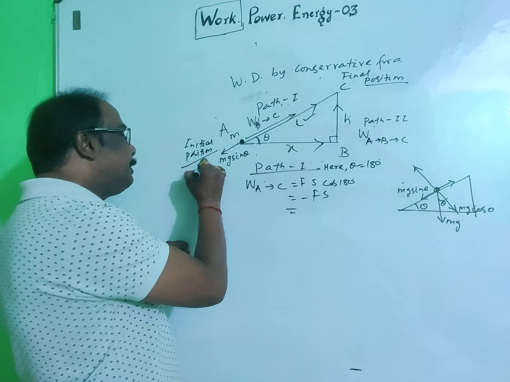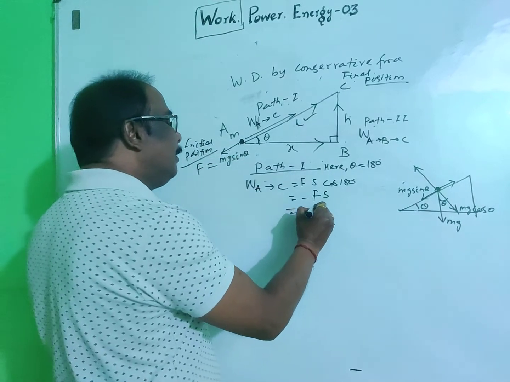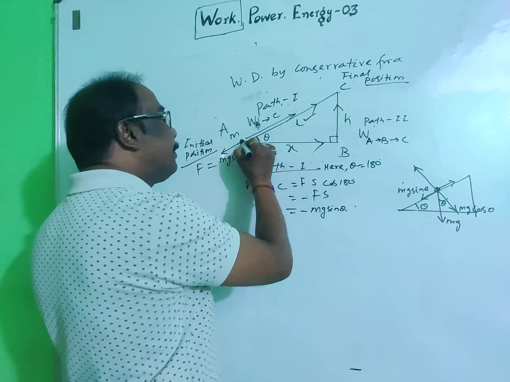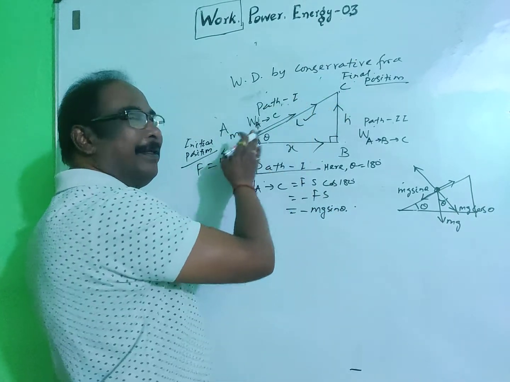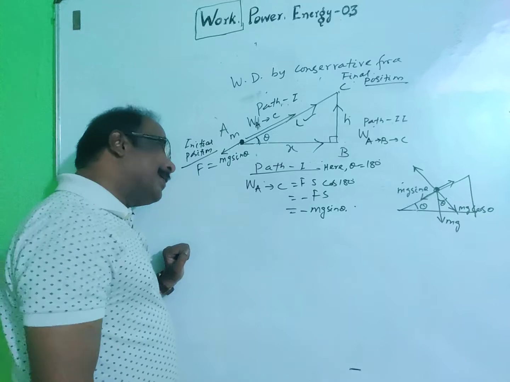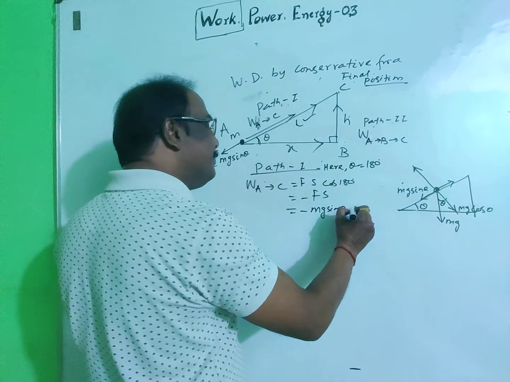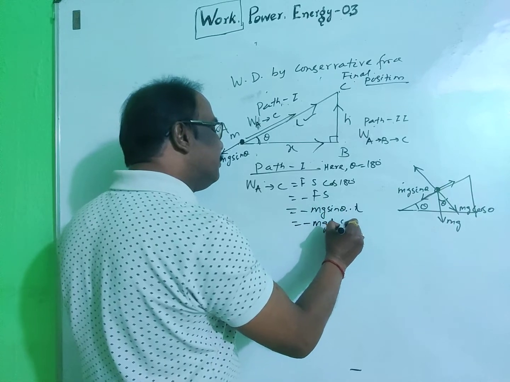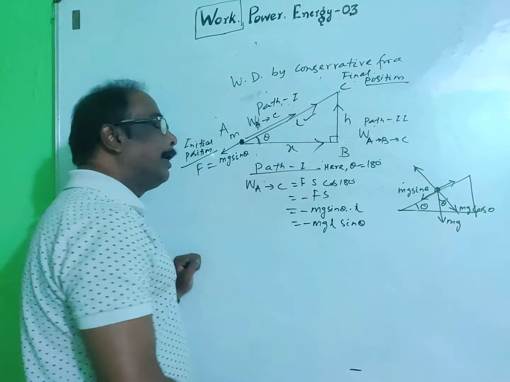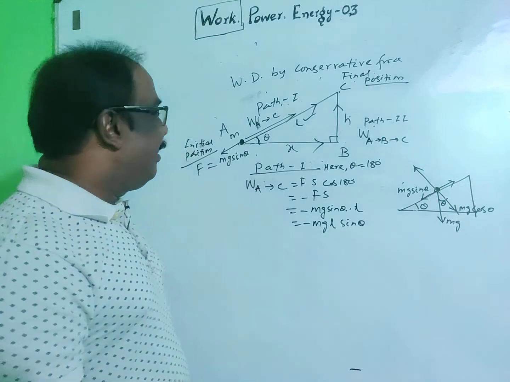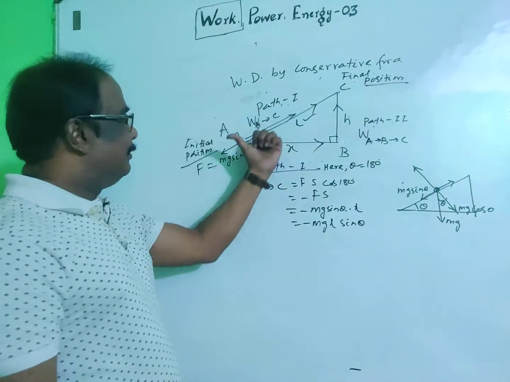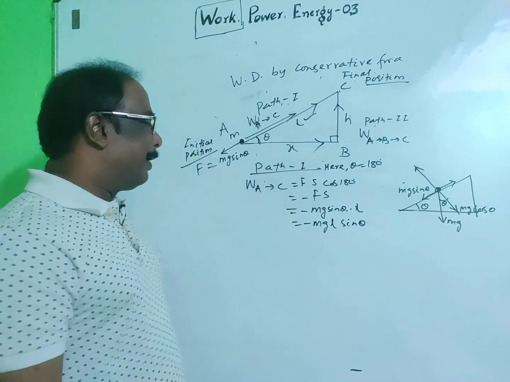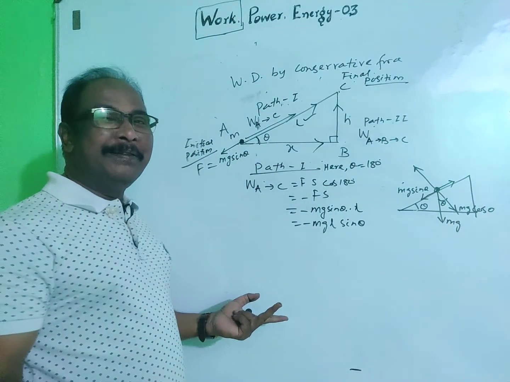Here force is mg sin theta and displacement is L, so finally we get minus mgL sin theta. Work is done against the force due to gravity, since displacement is in the upward direction.